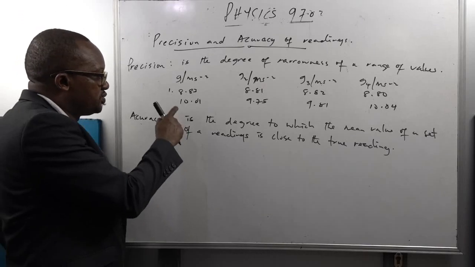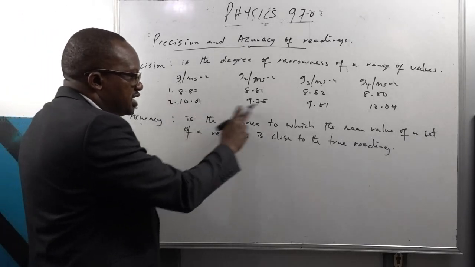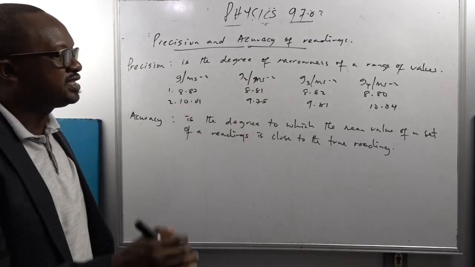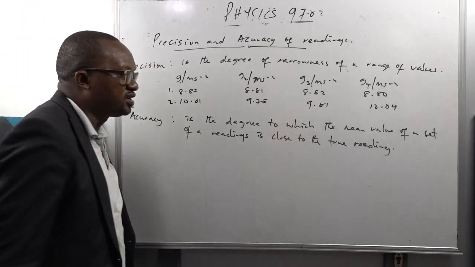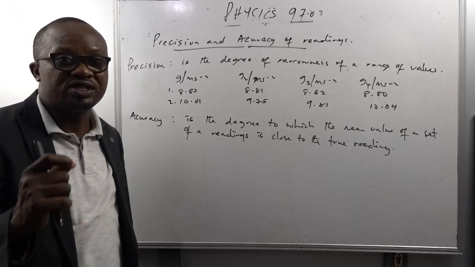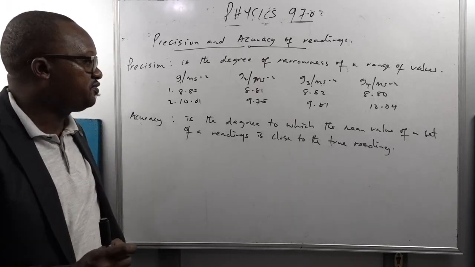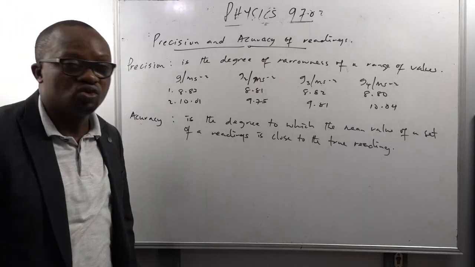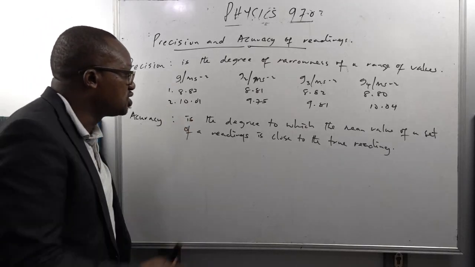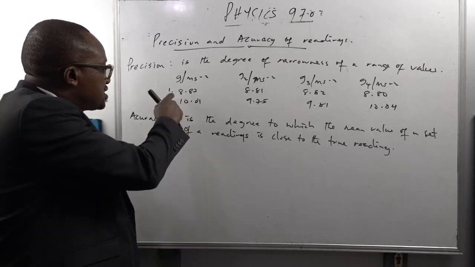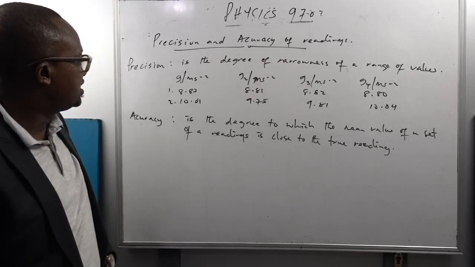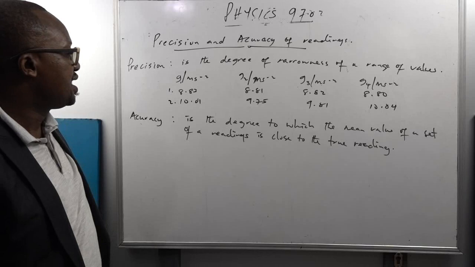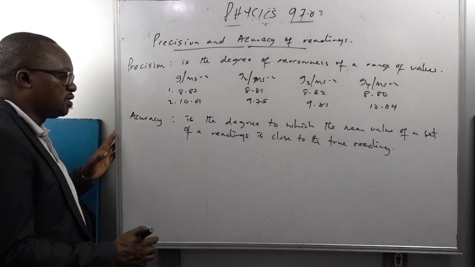But if you take the mean value of the second set of readings, it will be close to 9.8. Therefore, the second set is accurate. So I can describe the first set as precise but not accurate, and the second as accurate but not precise.